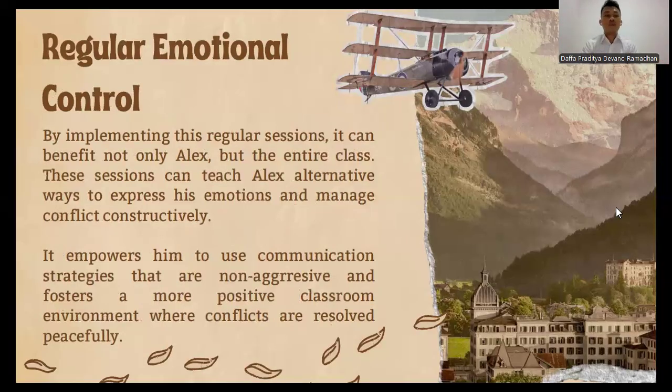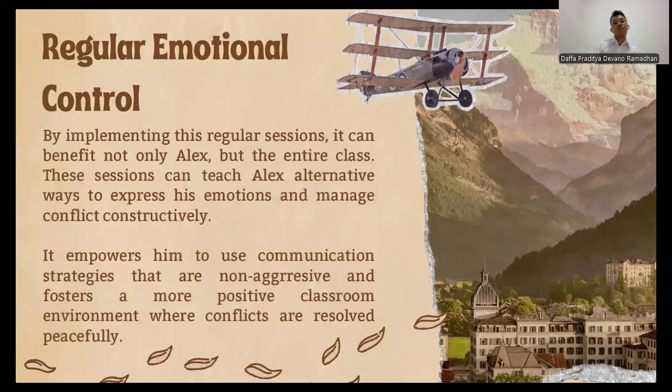And secondly is regular emotional control. By implementing these sessions, it can benefit not only Alex, but the entire class. These sessions can teach Alex alternative ways to express his emotions and manage conflict constructively. It empowers him to use communication strategies that are non-aggressive and fosters a more positive classroom environment where conflicts are resolved peacefully.